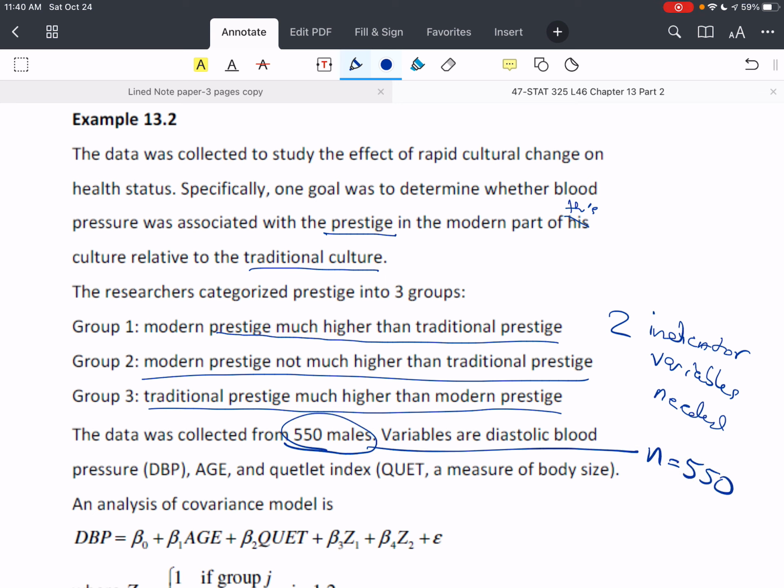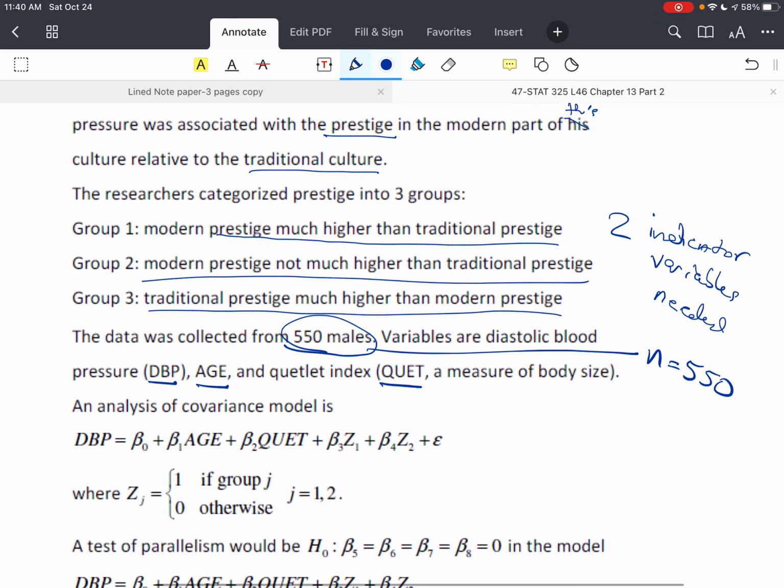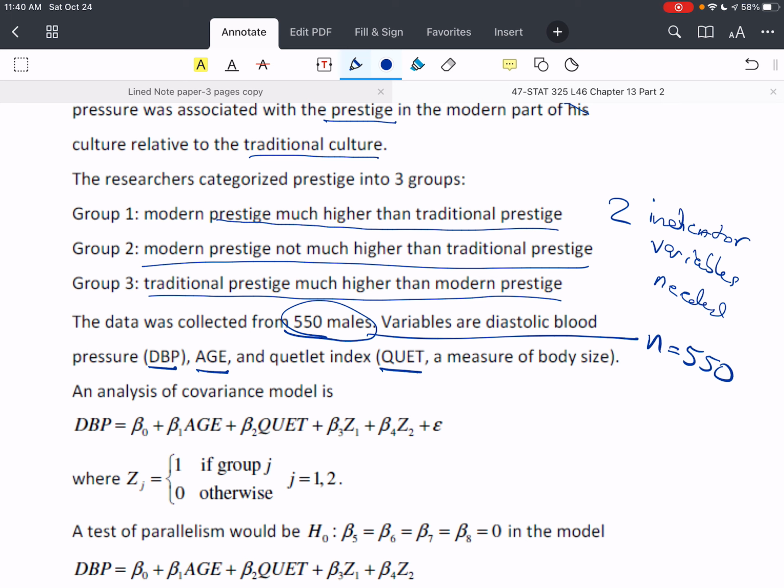The variables are diastolic blood pressure, age, and the Quetelet index, which is a measure of body size. So an analysis of covariance model is given by Y, which is the diastolic blood pressure, equals beta naught plus beta 1 age plus beta 2 Quet plus beta 3 Z1 plus beta 4 Z2. If you're in group j, it's a 1 for Zj.